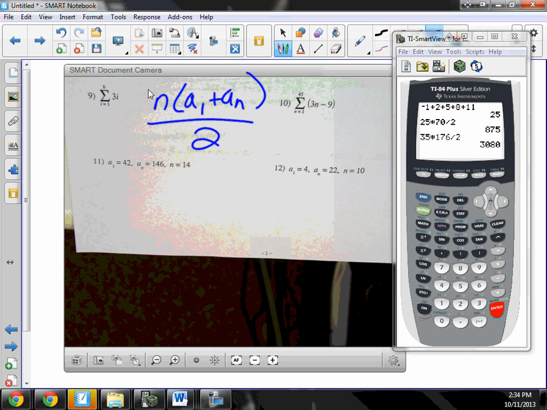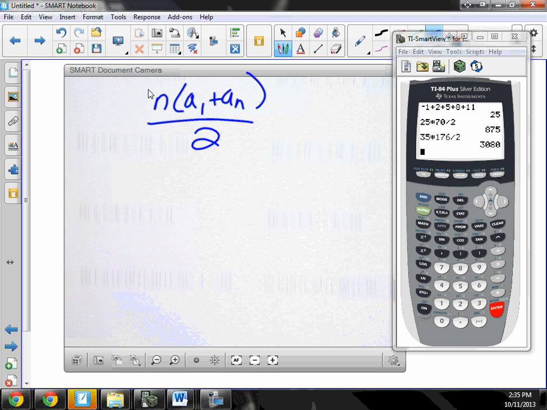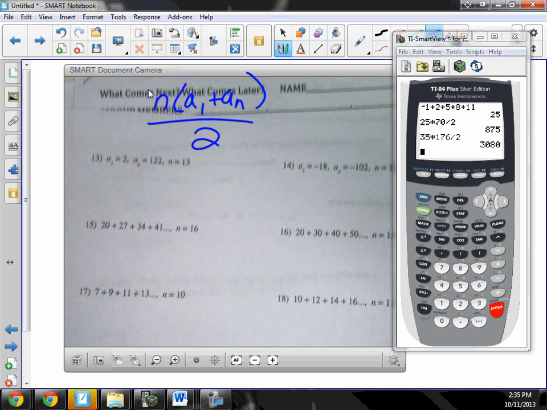Does that matter? No. We know it's arithmetic, though, because it says evaluate each arithmetic series. So even though we don't know how much it's gaining, that doesn't matter in the formula. Because it's arithmetic, the formula will automatically work. Okay, turn the page. Take a look at number 15.